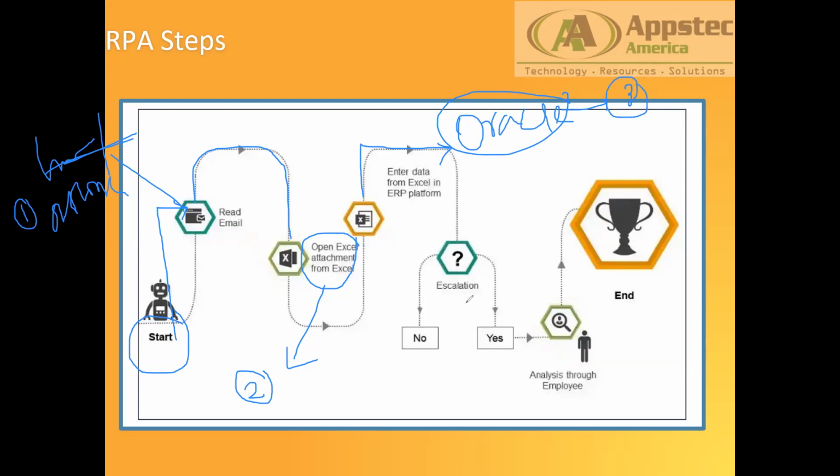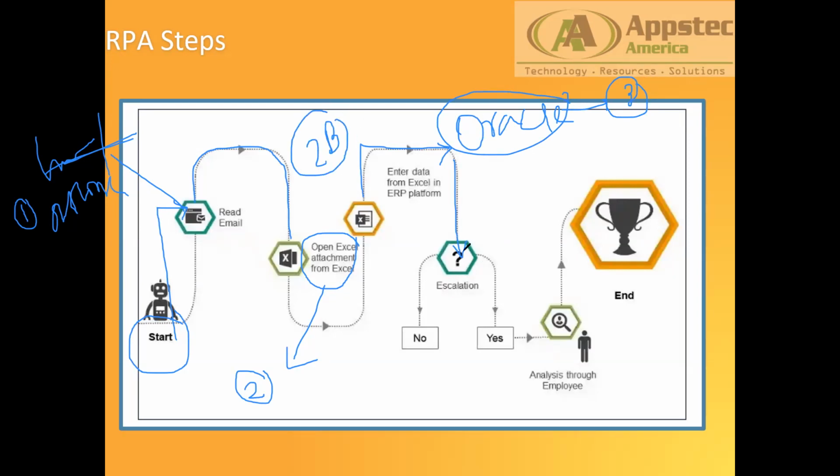Now, let's say my process says that once you enter the data into the Oracle ERP, you check whether your process has any escalation. Let's say your process has an SLA. The day you receive the data, within 2 business days, you need to enter it into your Oracle ERP.